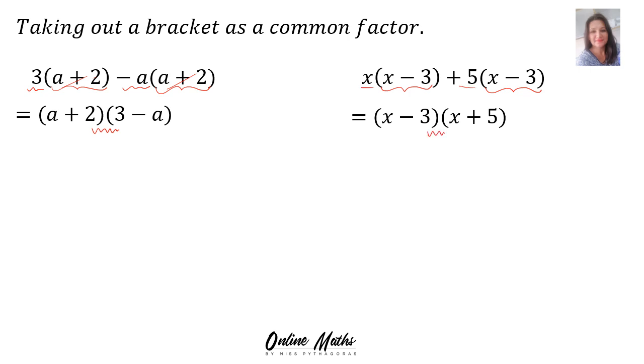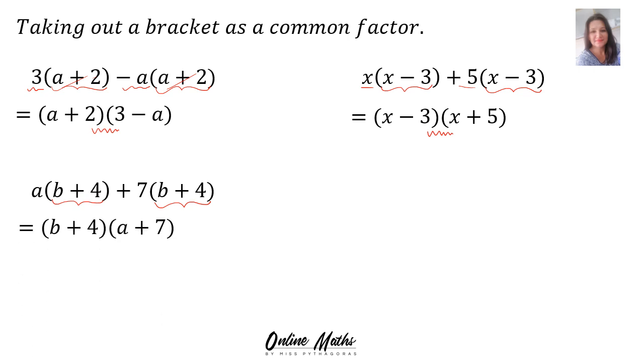And you write the 2 brackets directly next to each other. Another one. The common factor here is b plus 4, b plus 4. So you pull out the b plus 4 and you're left with a plus 7 inside its own bracket with the 2 brackets next to each other.